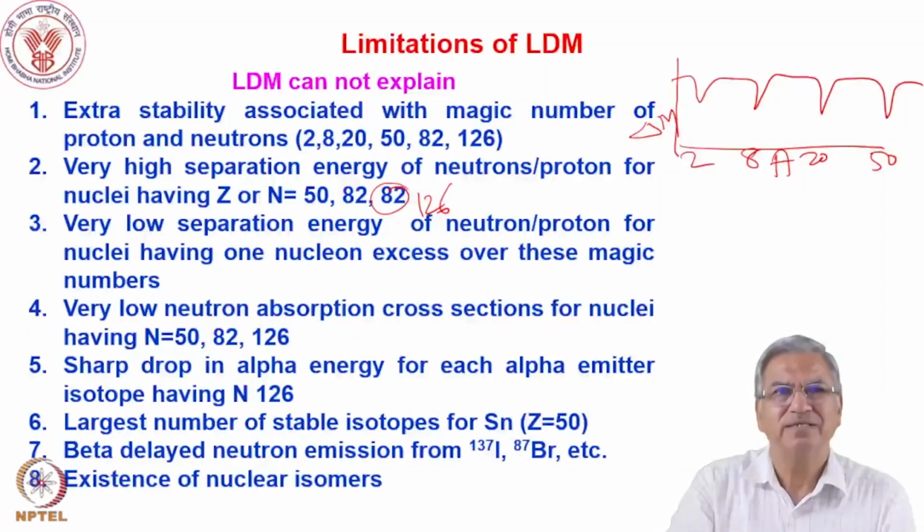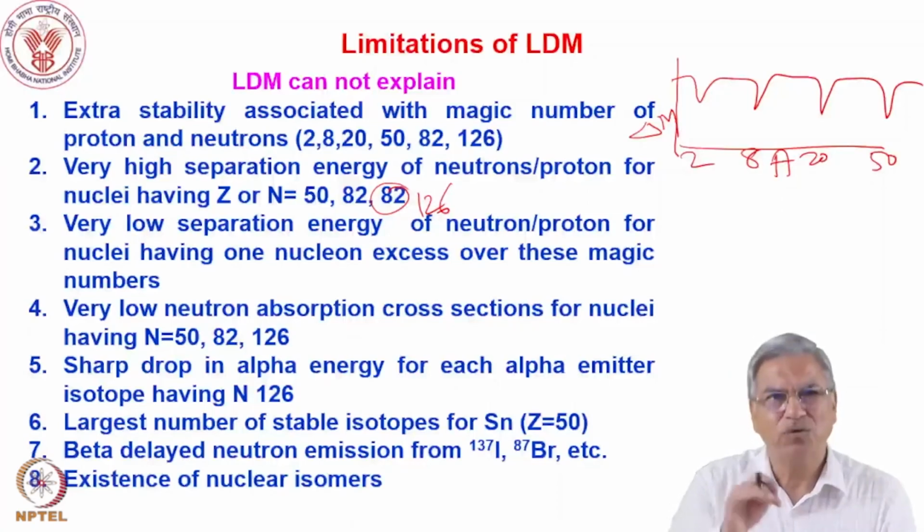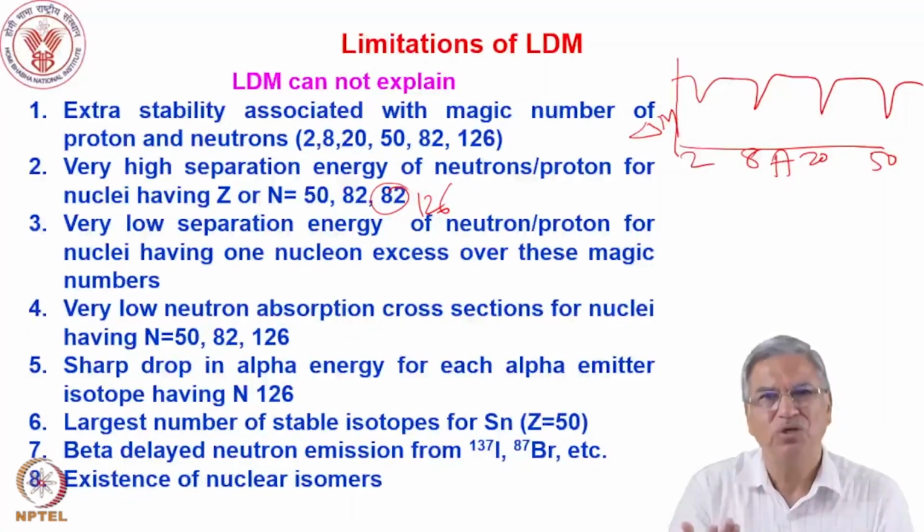Then in the case of alpha decay, which we will discuss in subsequent lectures, if the isotope has 126 neutrons, which is again a magic number, then the alpha energy for such a nucleus is very low. In fact, if after the alpha decay the daughter product has 126 neutrons, then the alpha energy is very high. So again, this is associated with the masses.